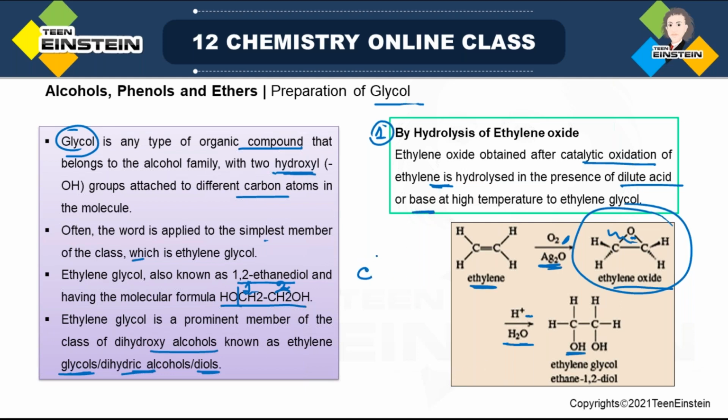As for the mechanism, first there is protonation of this molecule, and finally another water molecule attacks any site, so this carbon-oxygen bond will be broken and there will be two OH groups. So this is the first method.